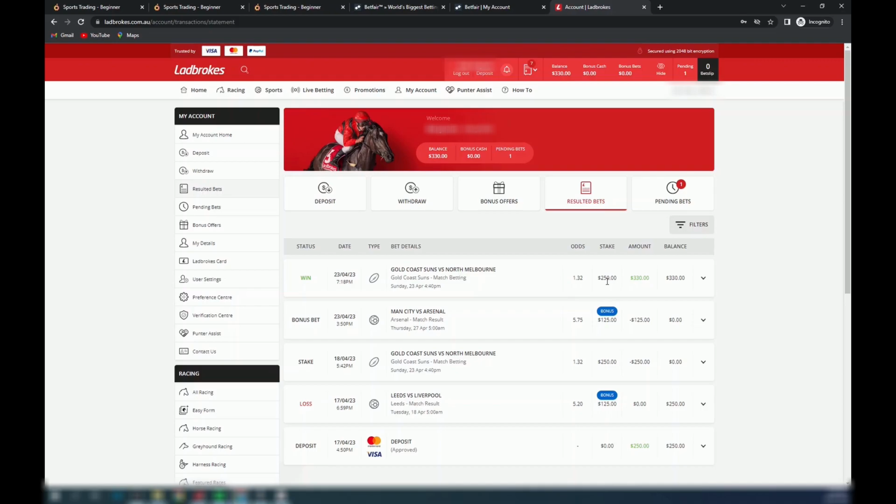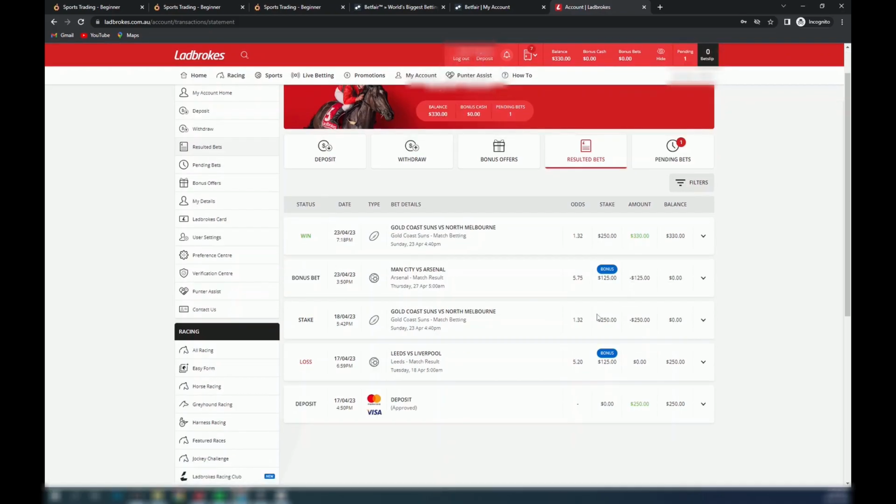This bet here, our bonus bet, the back bet component of a bonus trade, is what's called a stake not returned. So again, we do not receive this $125 back with our winnings. We only receive the winnings component of the bet. So that means that we receive 4.2 times 125, which ends up being $525.